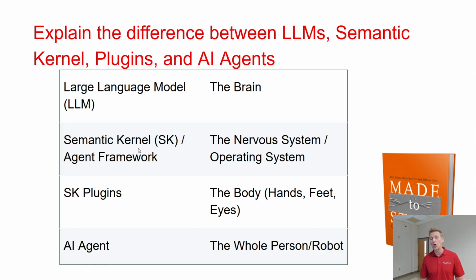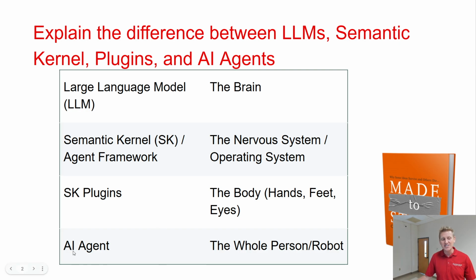The kernel is the layer in between the brain and the body that controls the flow, right? If your brain interprets something, it's going to tell your hand to grab something or to release something. And so the kernel is the nervous system that acts as an intermediary between the LLM, that is the brain, and the plugins, that is your C# code.